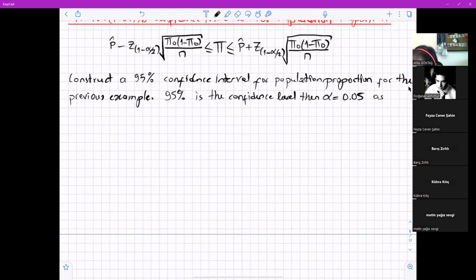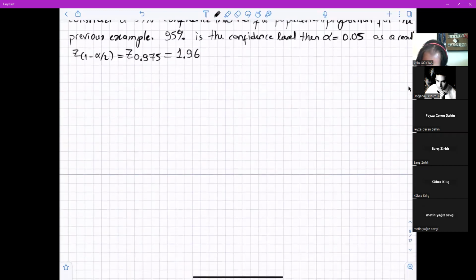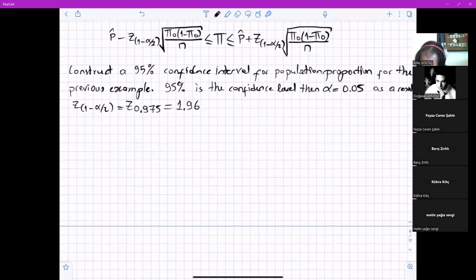As a result, 1 minus alpha divided by 2 gives Z 0.975, which is 1.96. This is the critical value we need to use.